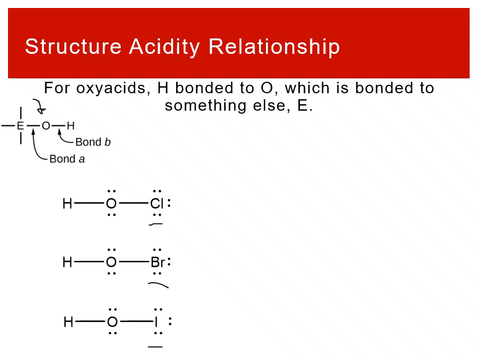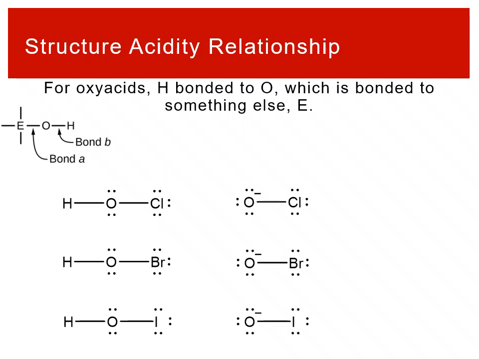The structure of the molecule will always be that the acidic hydrogen is bonded to oxygen, that is then bonded to this other atom. But the important thing is because it's an oxyacid, the hydrogens are going to be bonded to oxygen. So that does clean up a lot of the variation. The variation is all going to be in the rest of the molecule. And as a result, we can get some nice trends, some nice relative acidities, and make predictions for this family of acids.